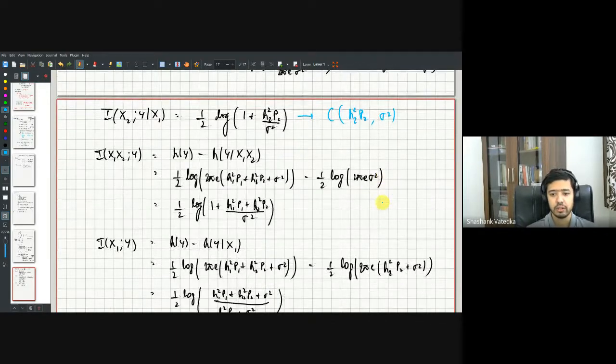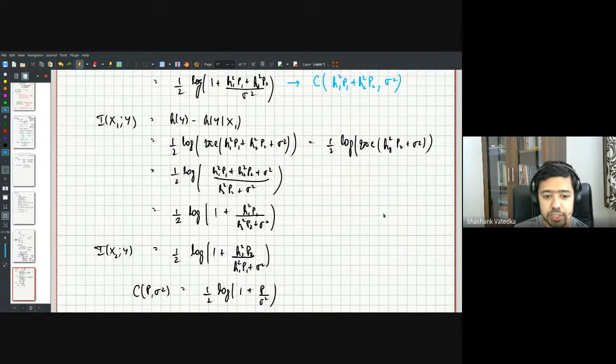And whereas the sum rate is less than or equal to the capacity of a point-to-point AWGN channel with power constraint h1 square p1 plus h2 square p2 and noise variance sigma square.